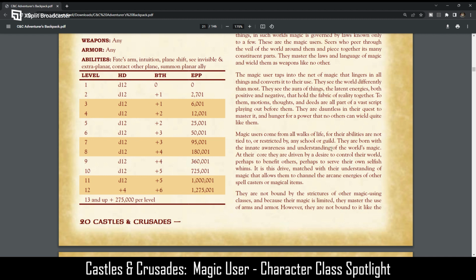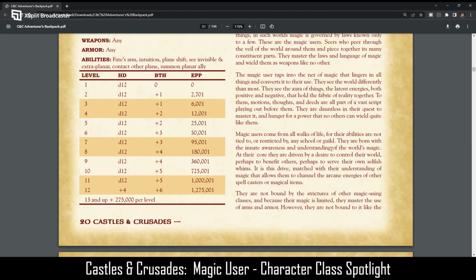At their core, they are driven by a desire to control their world, perhaps to benefit others, perhaps to serve their own selfish whims. It is this drive, matched with their understanding of magic, that allows them to channel the arcane energies of other spellcasters or magical items.